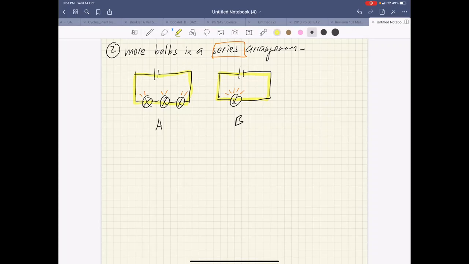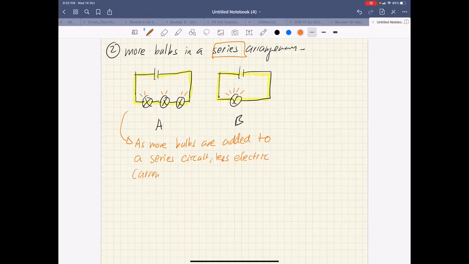So a proper explanation for this, if you were to pen it down, would be: as more bulbs are added to a circuit, or rather a series circuit, less electric current flows through each bulb.